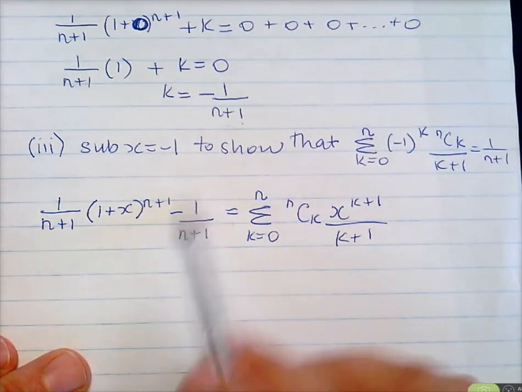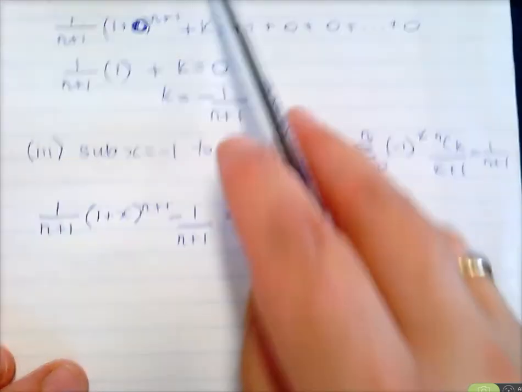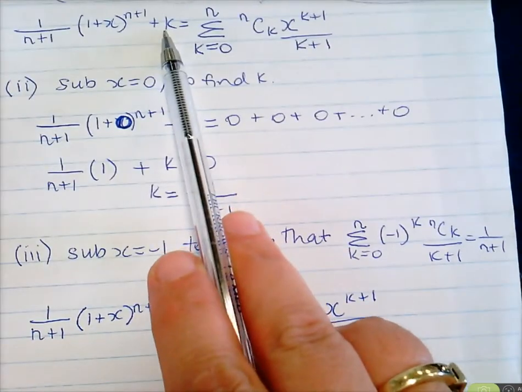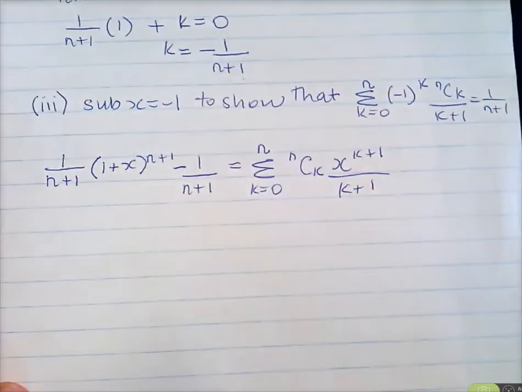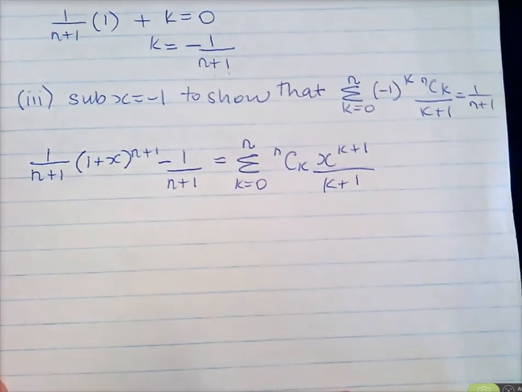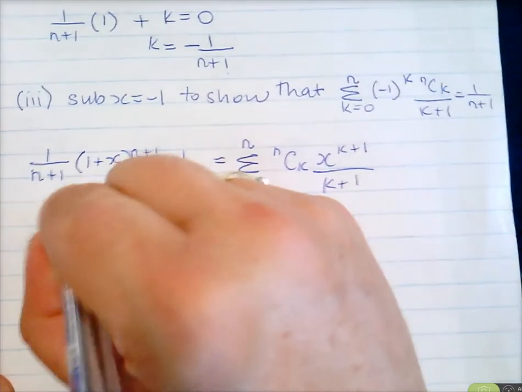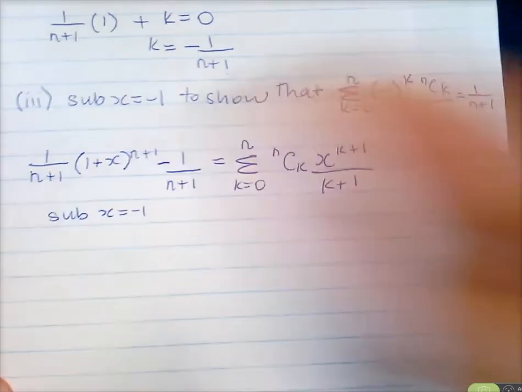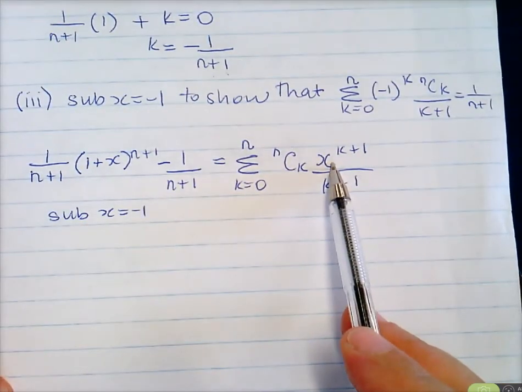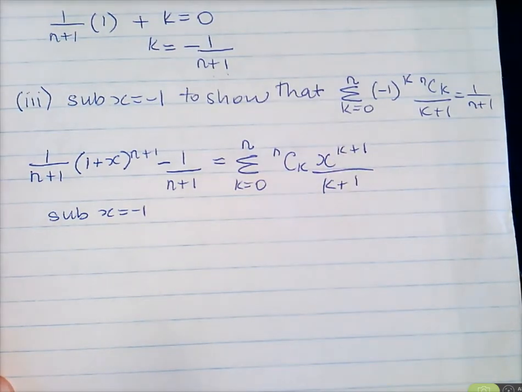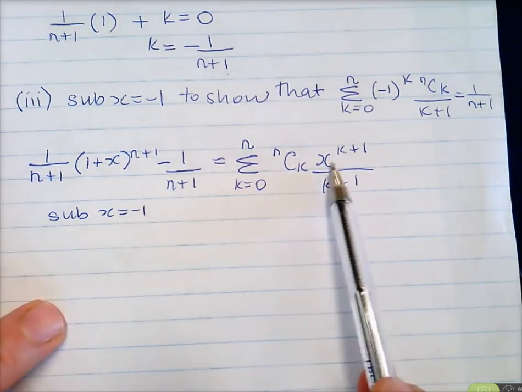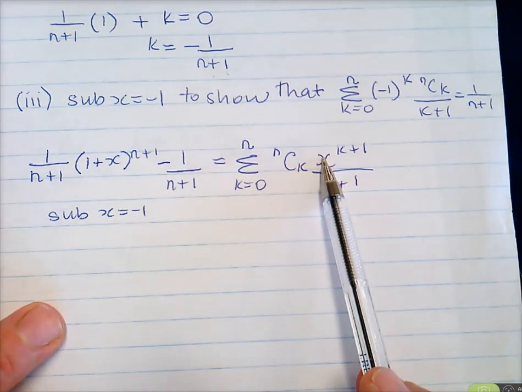So all I've done is substituted that k value into my integration result, okay? Because that makes sense. That's what we always do when we work out the constant. We put it back in. Now I'm going to substitute x is -1. Let me see if I can just substitute straight in.